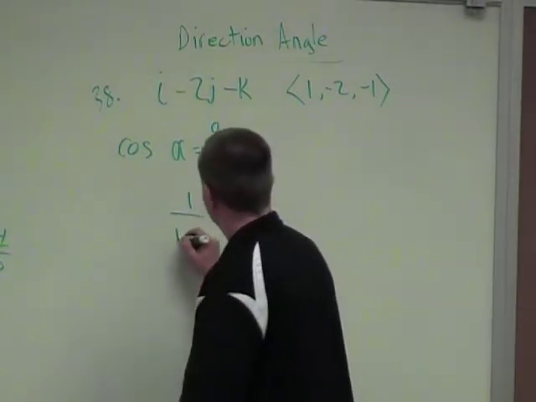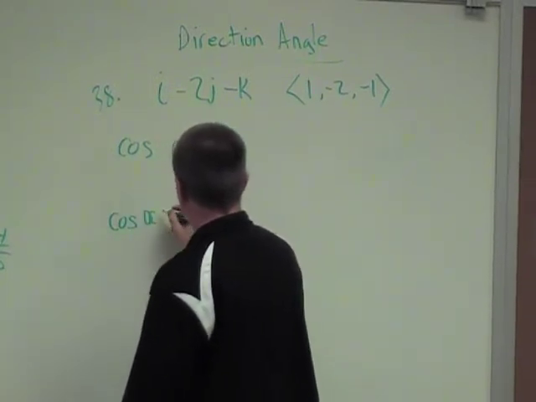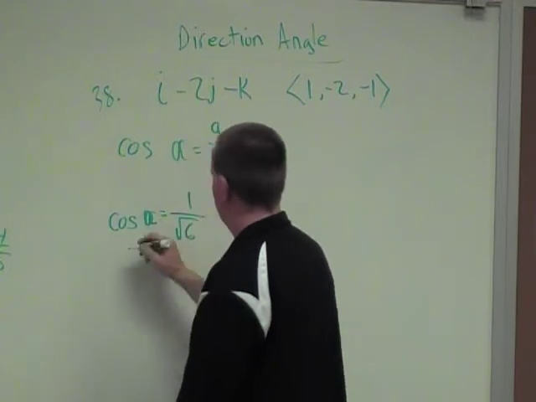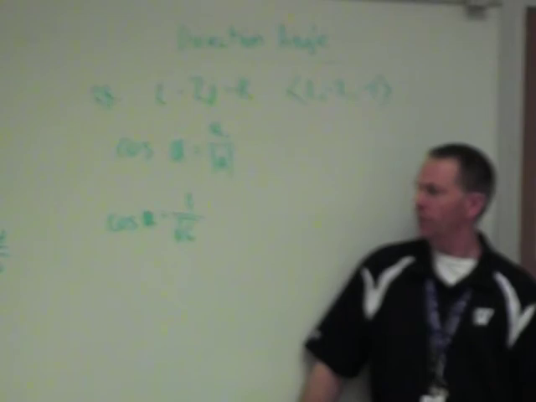So the cosine of alpha equals 1 over radical 6.